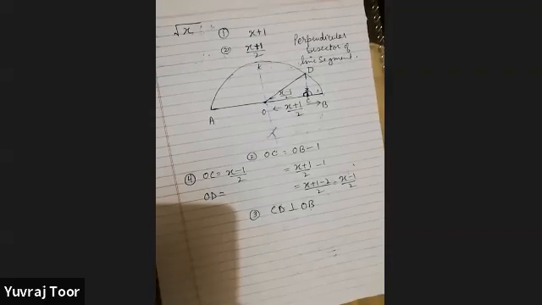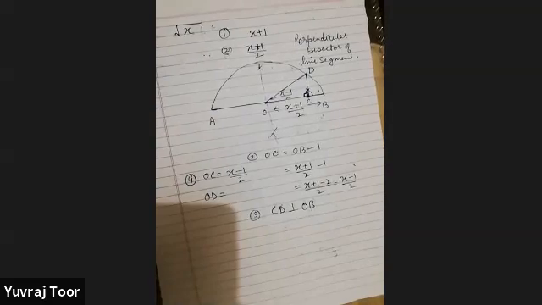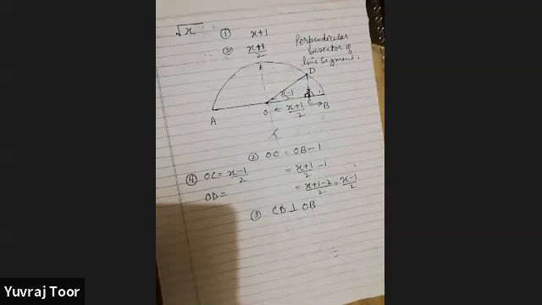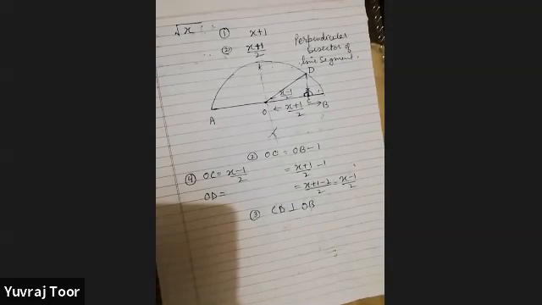Okay. How is OD related to OB from the figure? Although the figure is not exactly drawn, you know it's a semicircle. O is the center. Sir, the radius. Okay, so what is the length of OD?